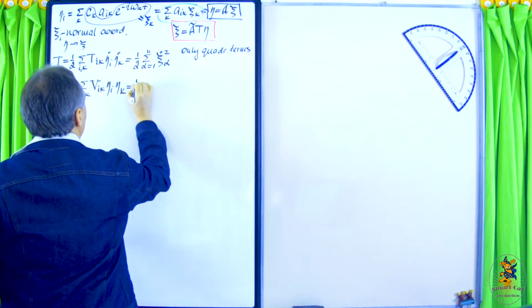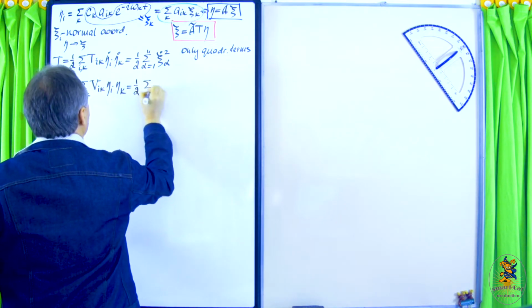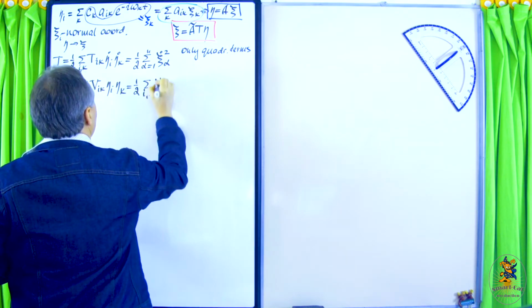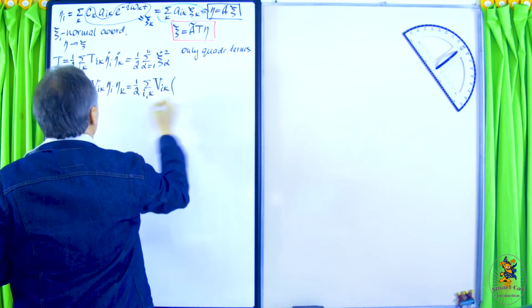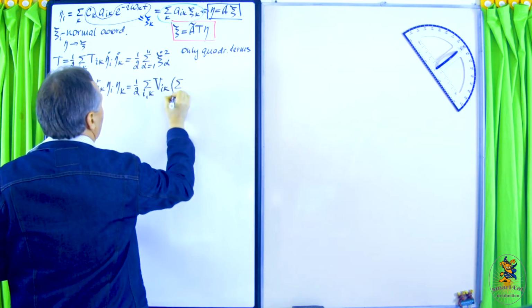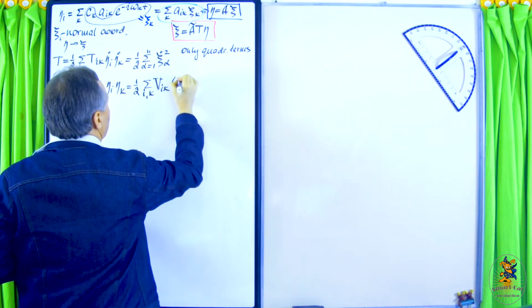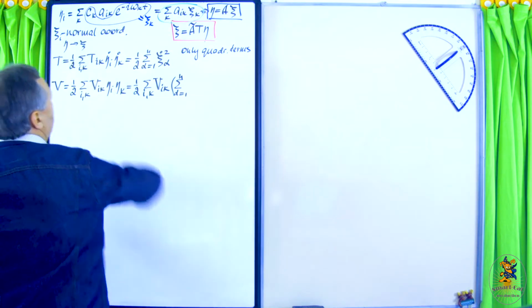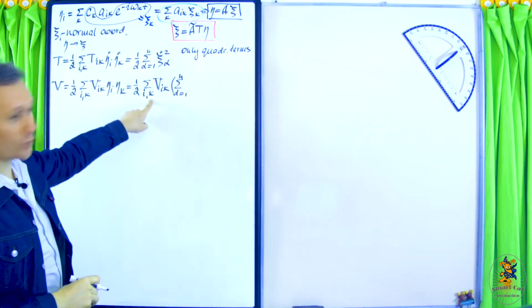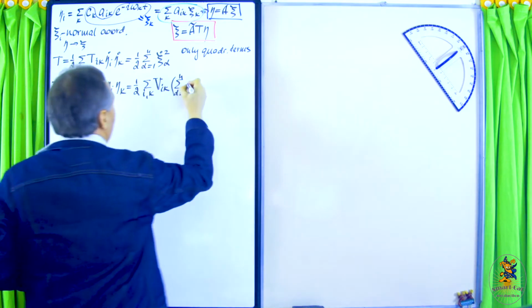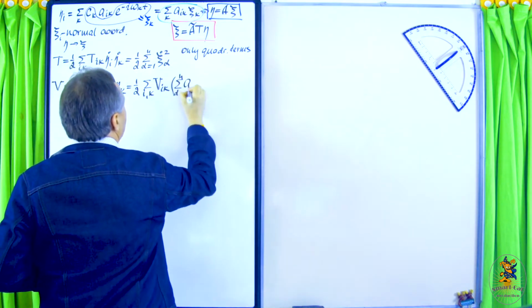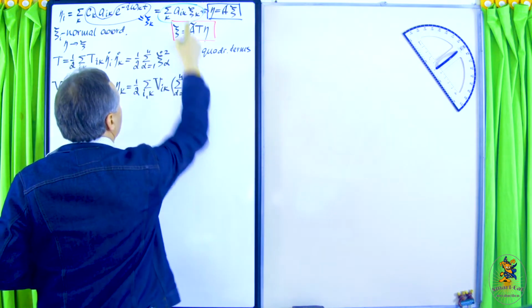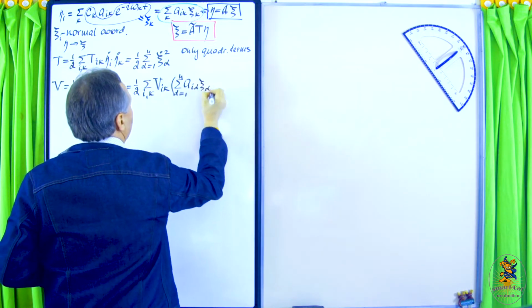So it will be 1/2 summation, V ik, and now instead of eta i, I'm going to have summation over alpha from 1 to n. Alpha instead of this k. Now I'm going to use alpha because k is already used over here. So a i alpha psi alpha, right?